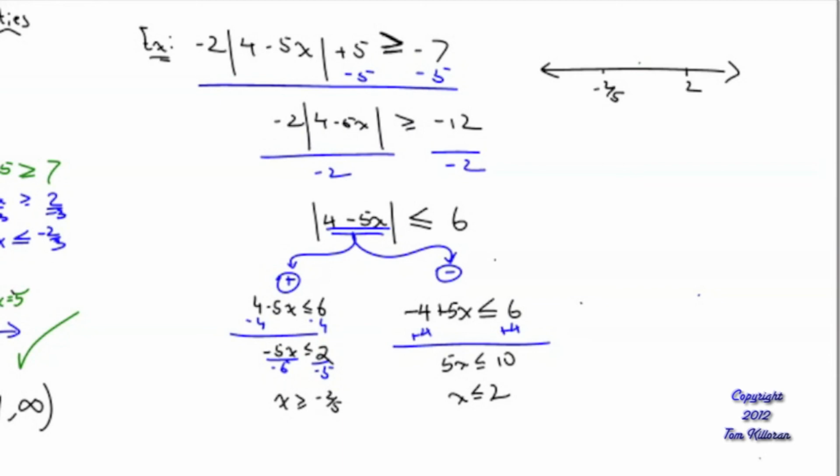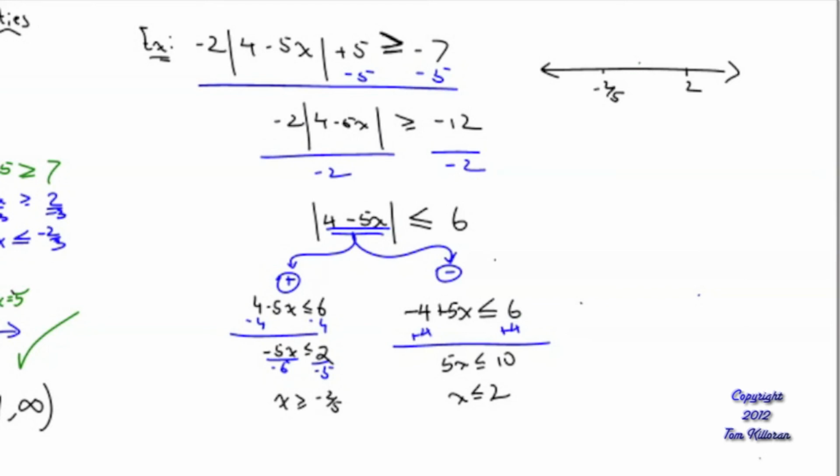What does 0 do to a number line? It's a divider. The negatives are on the left and the positives are on the right. So this is dividing a positive and negative side, and this is also dividing a negative and positive side. And how they mix and match together gives us our answer.